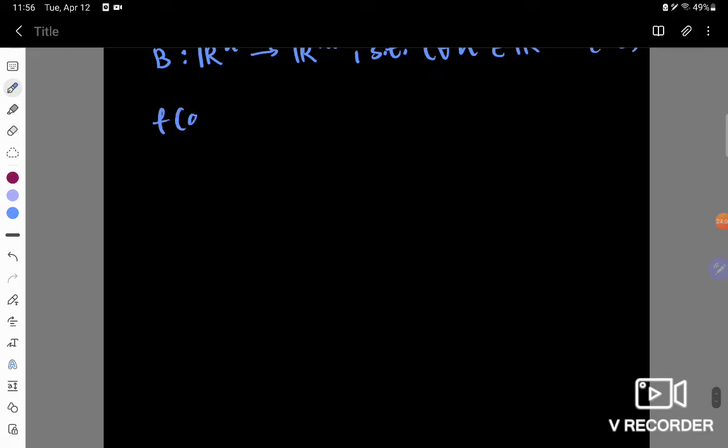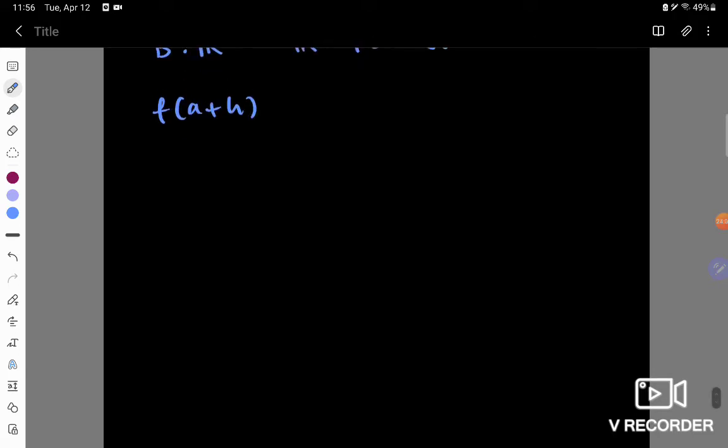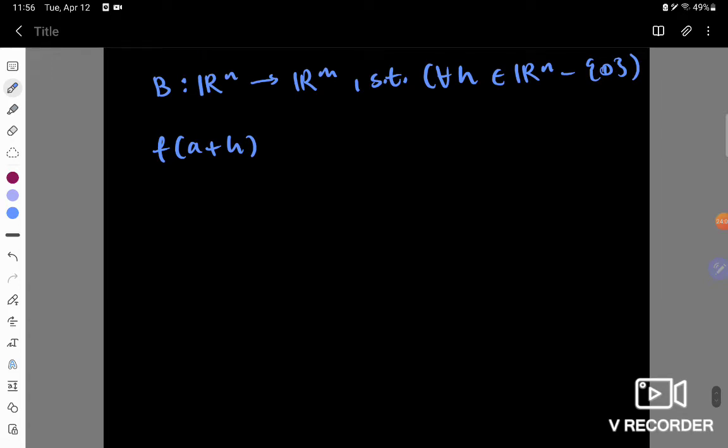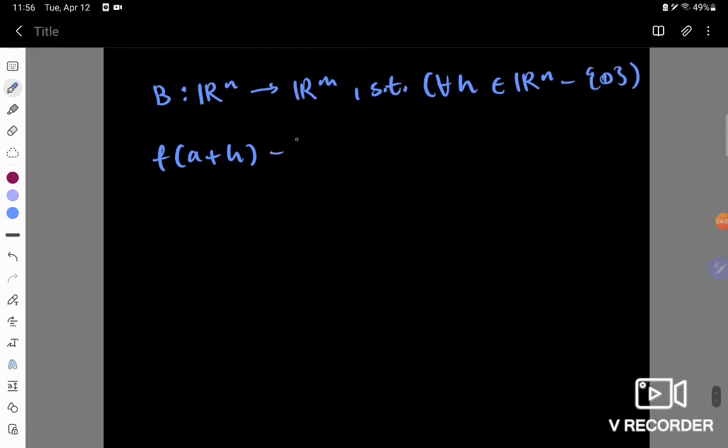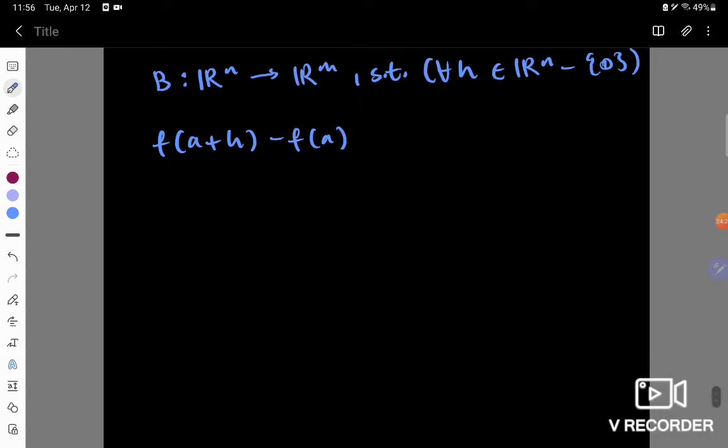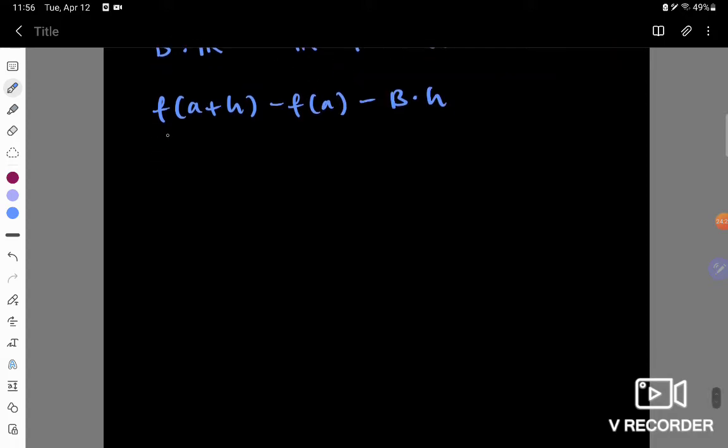So f of a plus h minus f of a, familiar, minus B applied to h, B times h, so we have our transformation here times h.